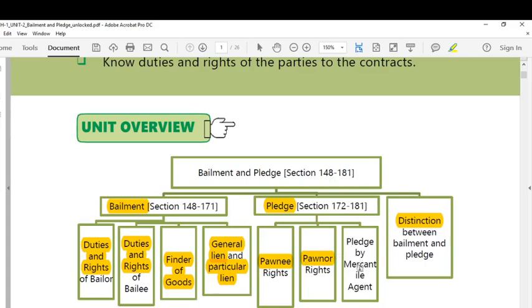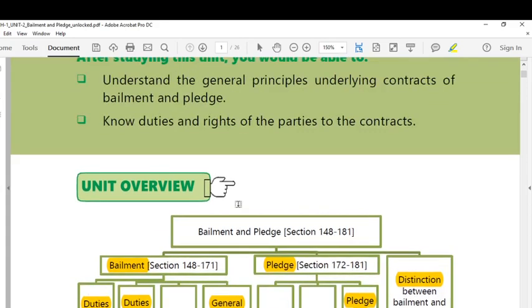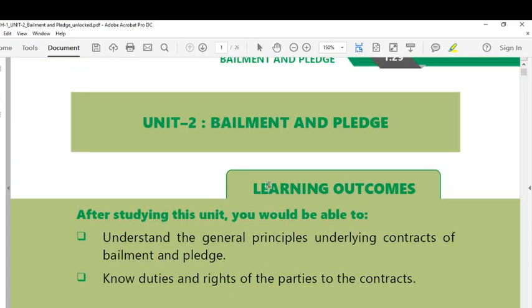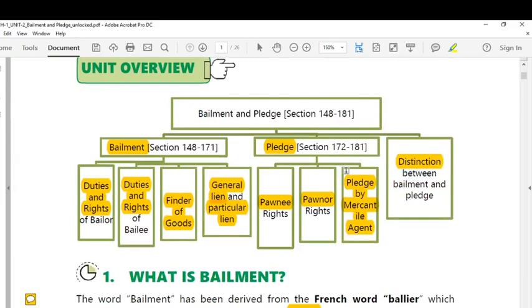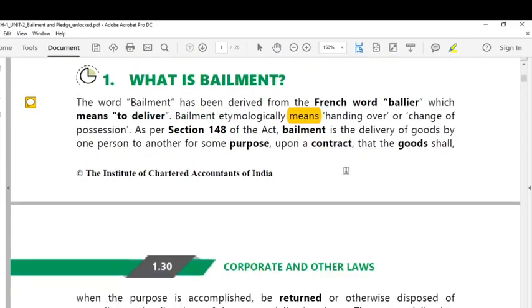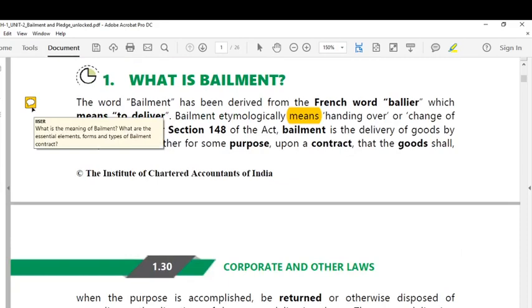And what is the pledge by a mercantile agent? This topic also we are going to discuss. Broadly, there will be about 8 to 9 important topics that we are going to discuss under this unit called bailment and pledge. Right, now we will go to the first topic.